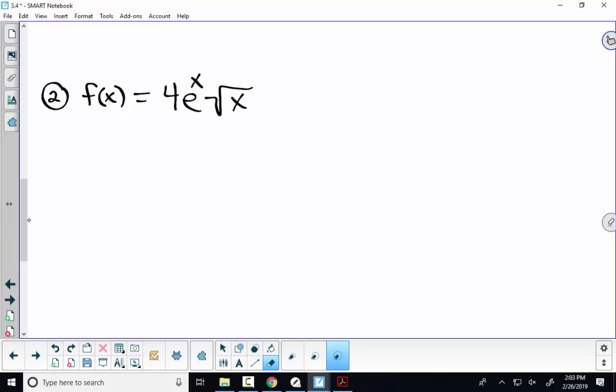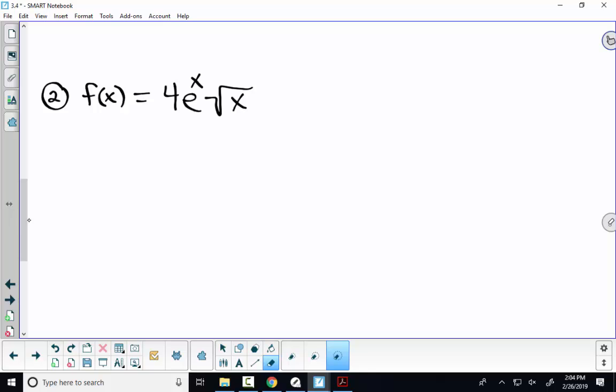Yeah, so here you could take the 1/2 times 4. When you multiply this times this times this, it doesn't matter what order you combine those in.